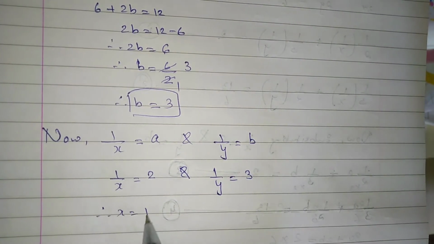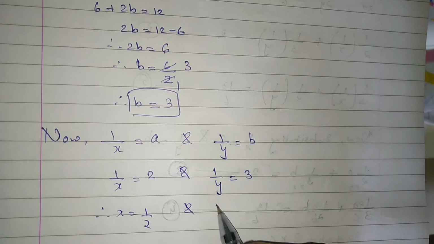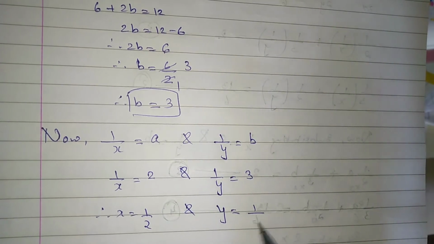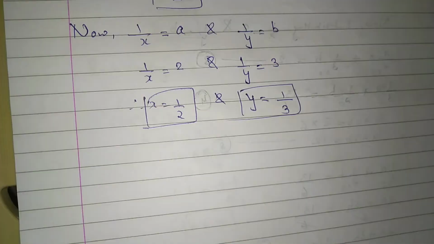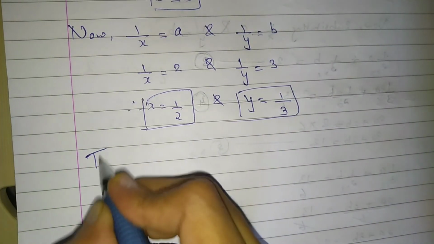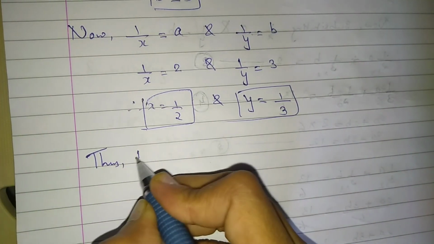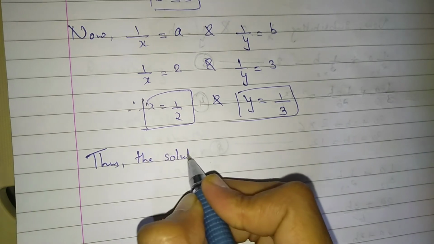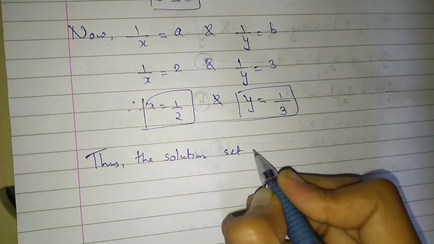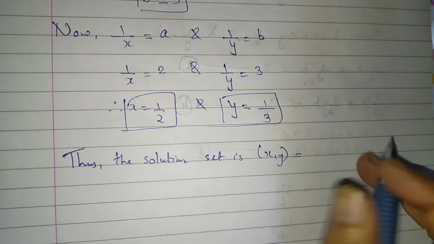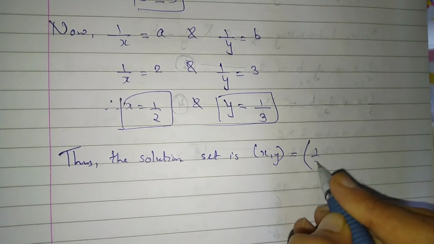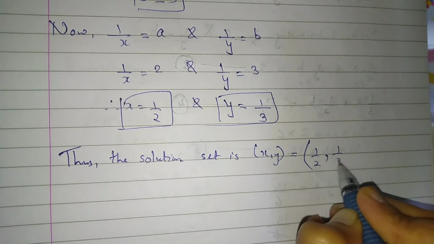Therefore x equal to 1 upon 2 and y equal to 1 upon 3 is your answer. Thus the solution set is x, y equal to 1 upon 2, 1 upon 3.